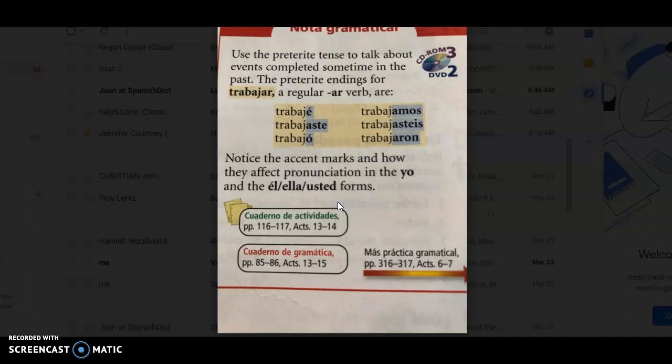Completa su conversación. Usa la forma correcta del verbo en el pretérito. So Gaby and Luisa were talking on the phone to tell each other what had happened over the weekend. Doesn't translate super smoothly there. Complete your conversation. Use the correct form of the verb in the preterite.